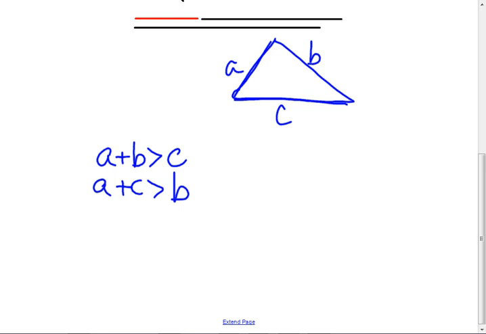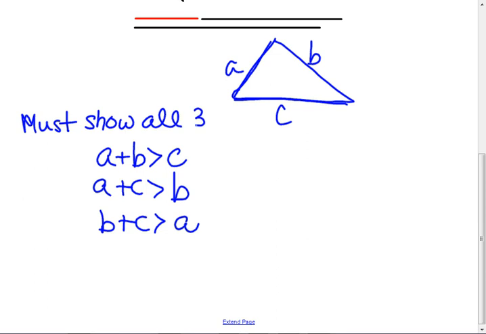Guys, put your iPads down. B plus C has to be bigger than A. So if you want to show you have a triangle, you must show all 3. And that's all there is. I know I have a triangle if I add any 2 sides, and it's bigger than the third side.